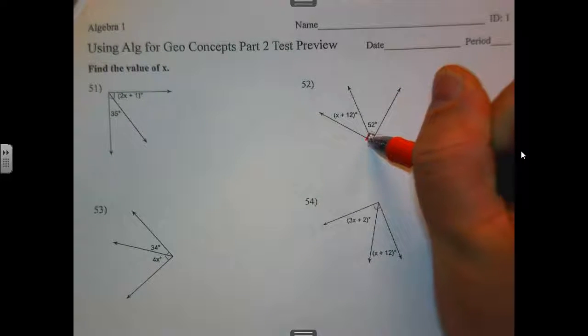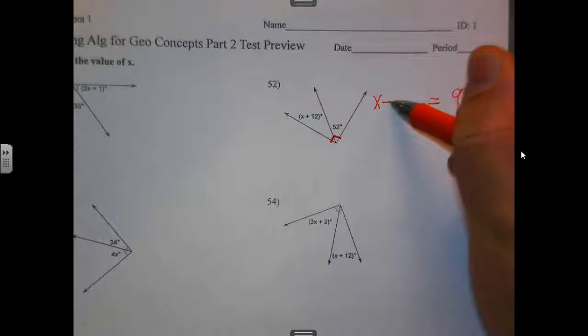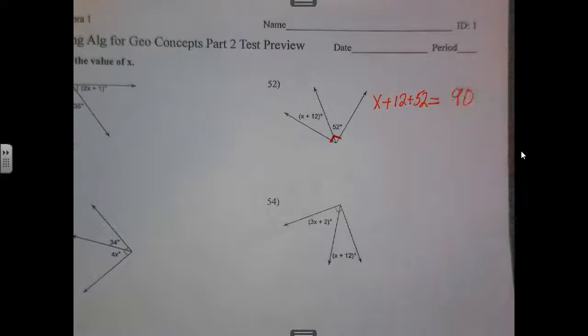I have a little box in the corner, so this equals what? What does that angle measurement equal? That's right, 90 degrees. I'm going to add the two small angles, and they're going to equal 90 degrees. So x plus 12 plus 52 is going to equal 90.